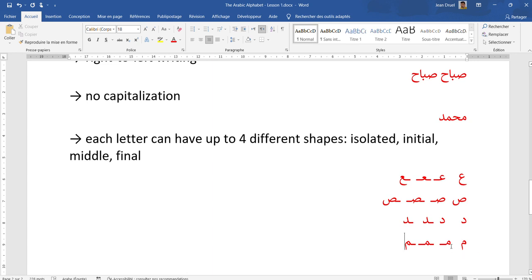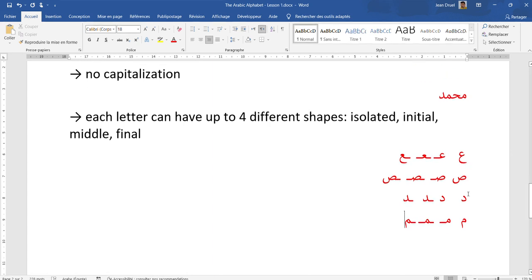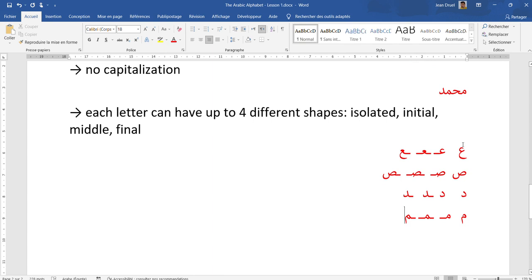The head remains, the tail is cut. Here just the head remains, and just like in this case, the head looks pretty much the same. And here the tail is restored, and the head is here. So it seems complicated to learn 4 different shapes, but in the end, it's not that difficult. You will see that there are similarities between the shapes once you see them together, and you will quickly learn that some letters do not connect on the left.